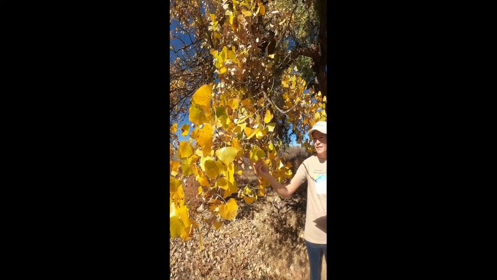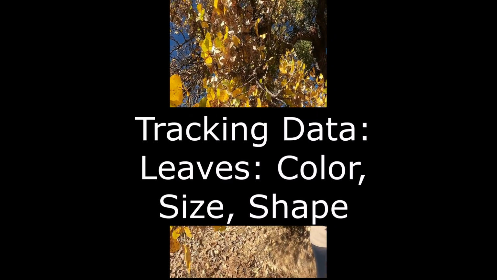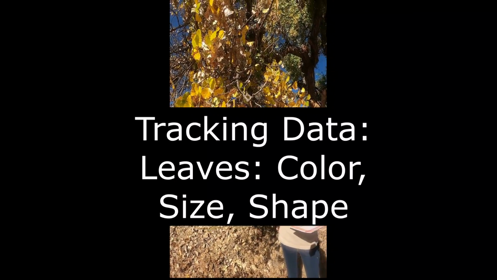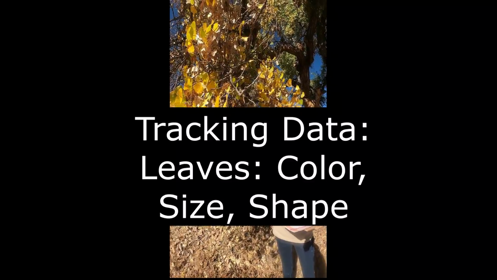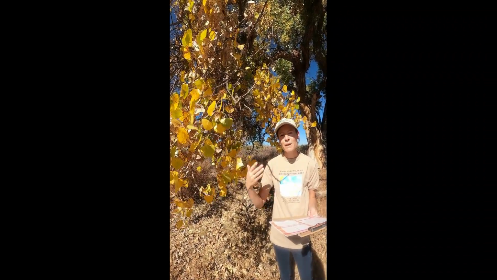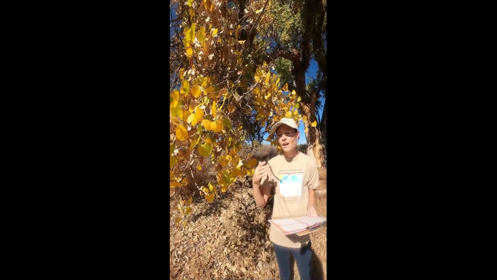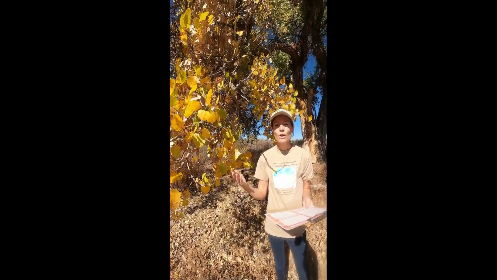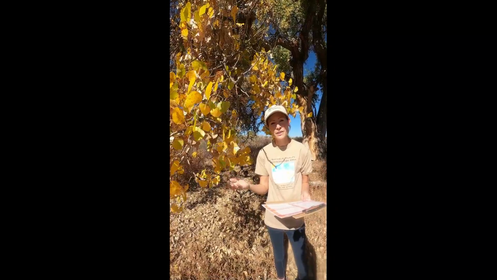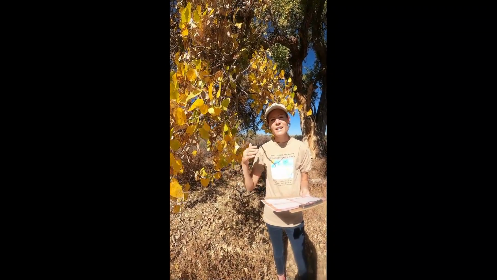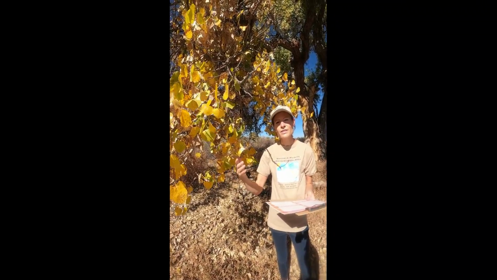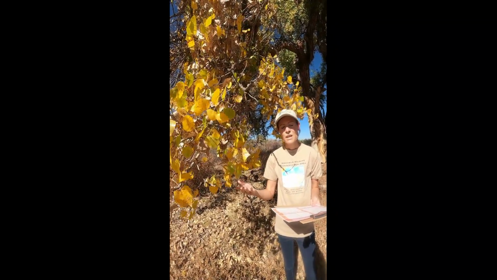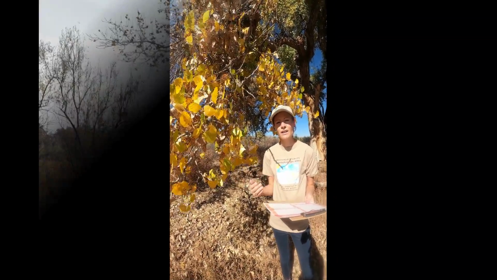I would track the leaves and track the changes of color of the leaves. Since I know this is a deciduous tree, I would track month by month whether the trees are yellow like this, or whether they're green, or whether they're brown and they've fallen on the ground. So we can see year to year when the trees start to change colors and when those leaves start to fall onto the ground.